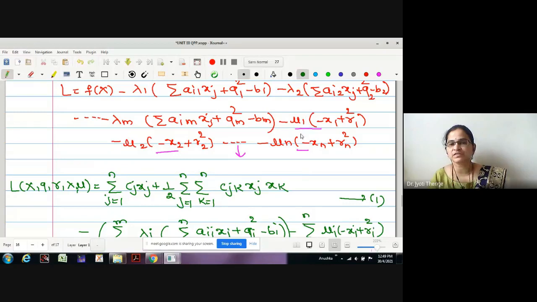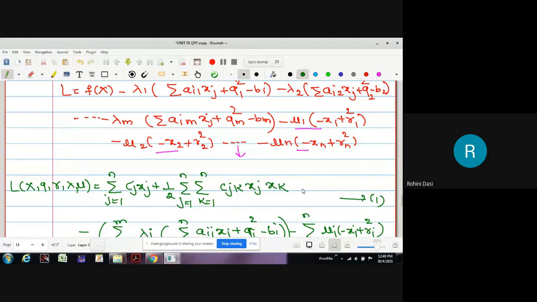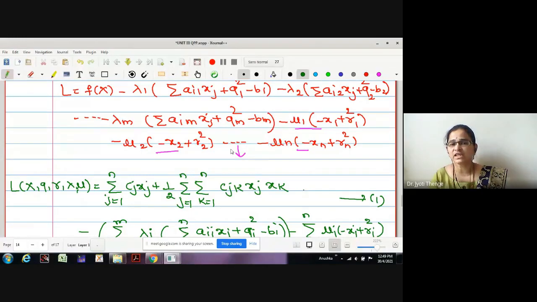If you differentiate with respect to mu 1, what will be the value? Minus x1 plus r1 square equals 0. All the rest of the derivatives, for mu 2 up to mu n, will be 0. I hope I am clear to everyone.